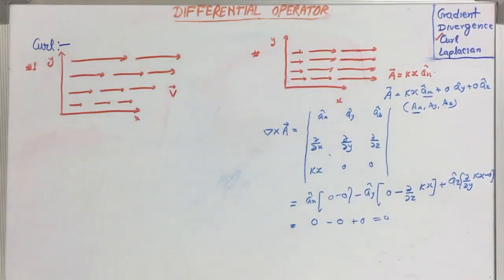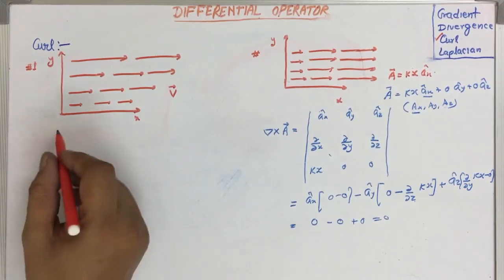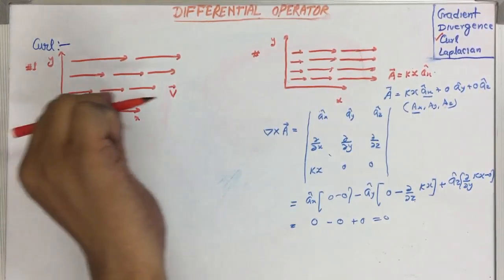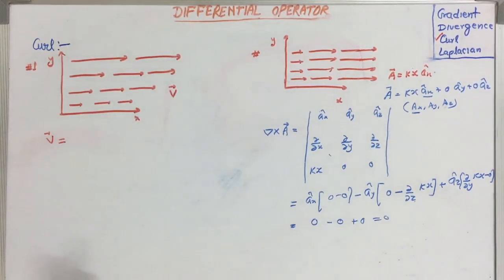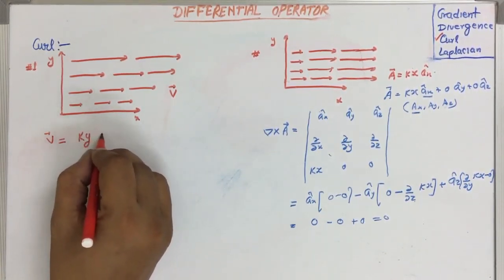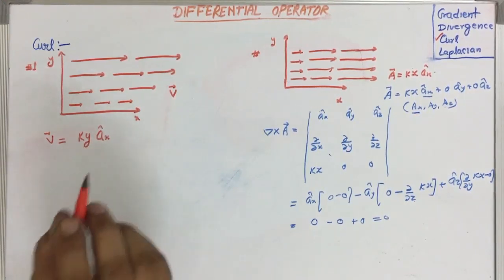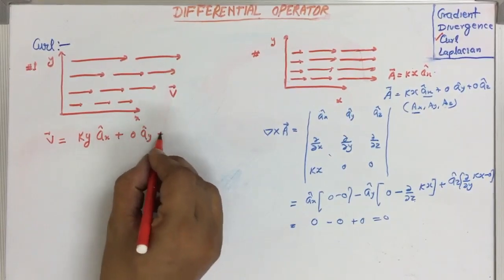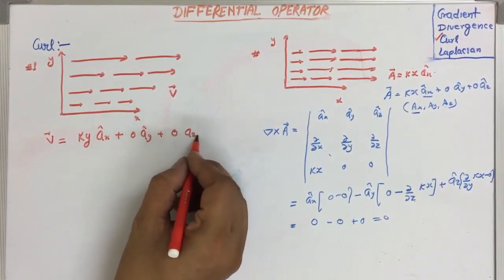Now consider this field. What we can say about this field is that it is moving in the direction of x but changing in the direction of y. So we can say Ky ax plus 0 ay plus 0 az.